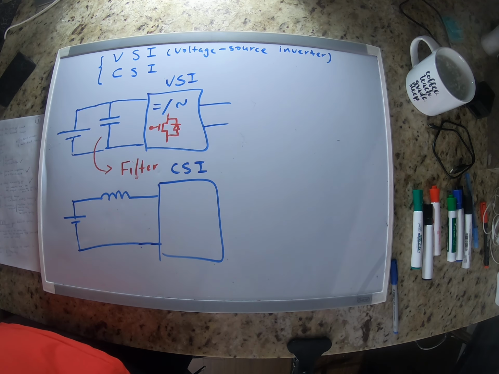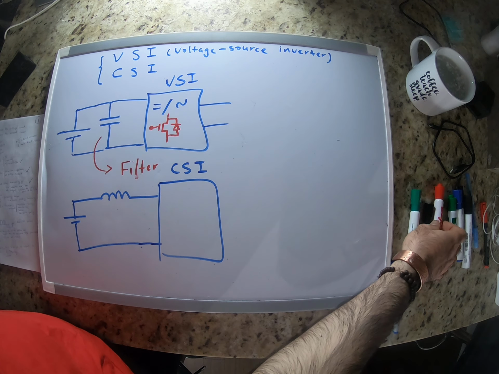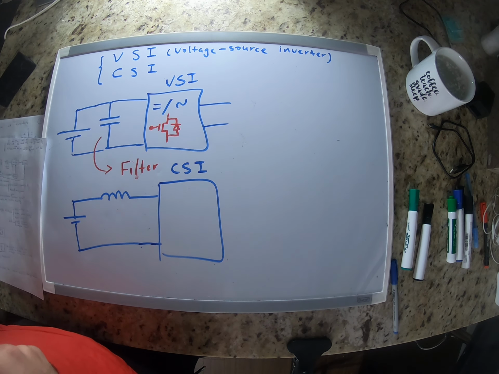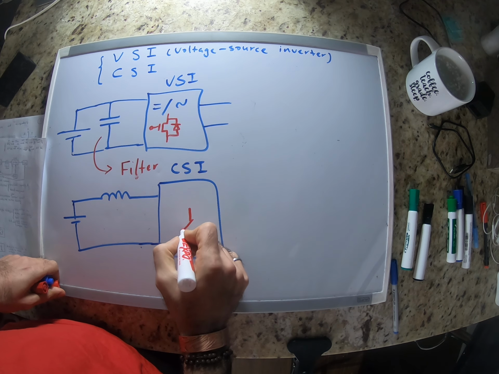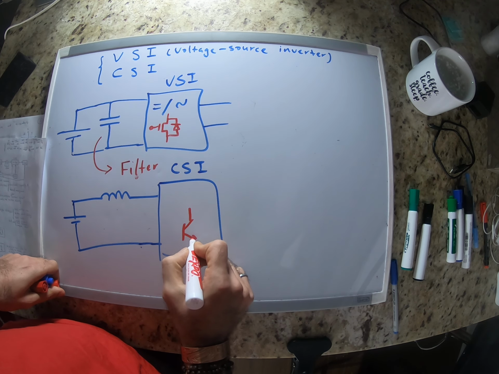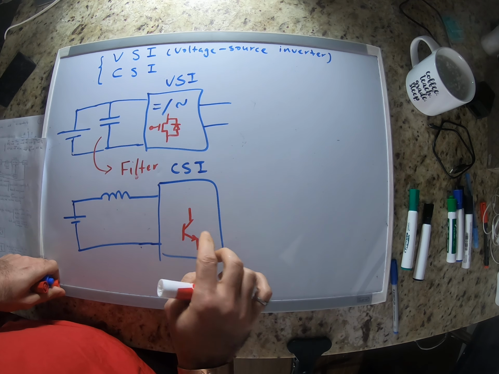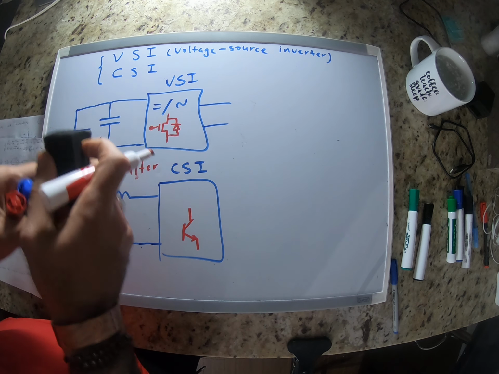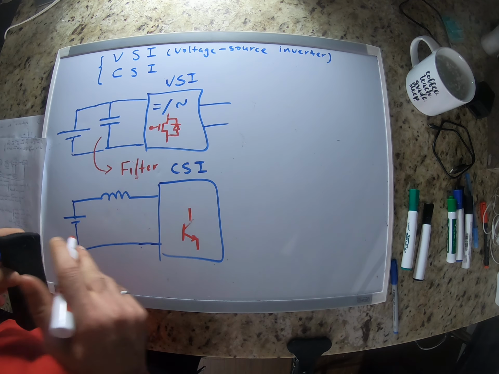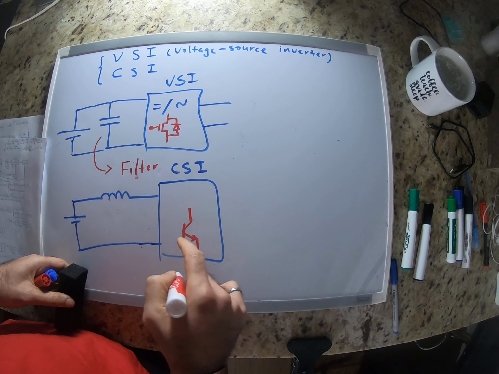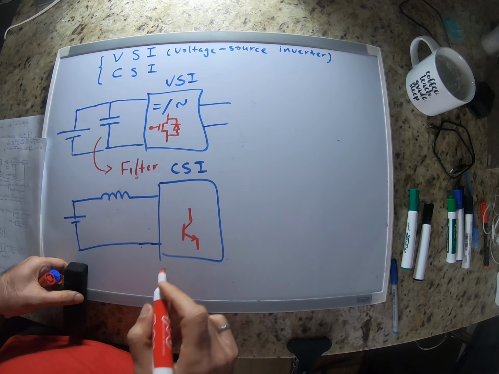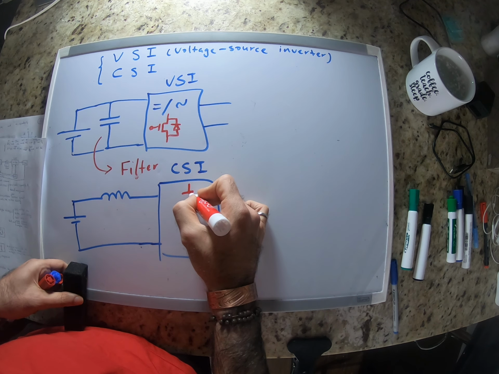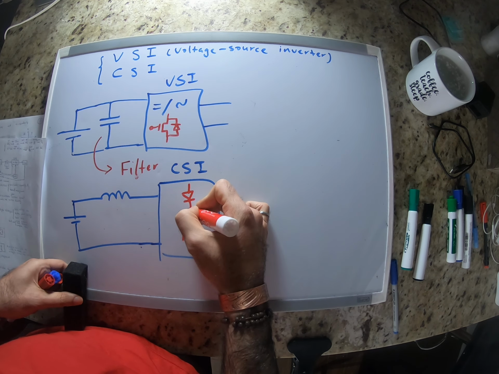So in this case, we usually use a switch, or it can be a MOSFET, or this time I'll draw a BJT, because MOSFETs already come with an anti-parallel diode. But let's say we have a BJT and it would have a diode here.